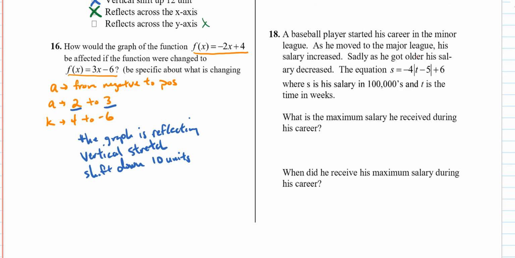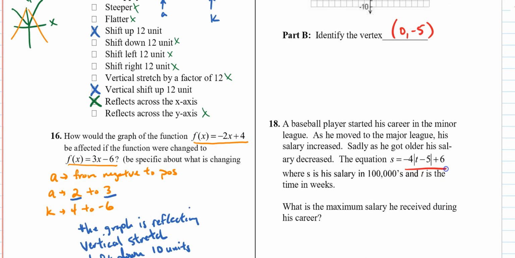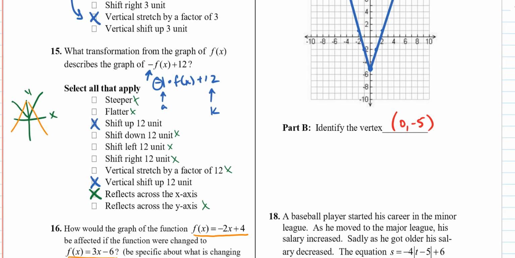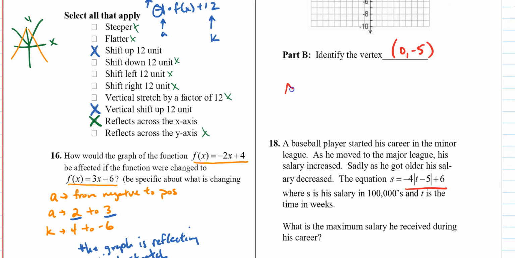Well, that's easy. Because this is an absolute value function, we know that it's either going to look like that, or it's going to look like that. When A is negative, it's upside down. When A is positive, it's right side up.